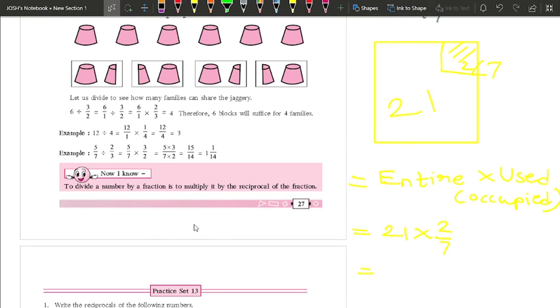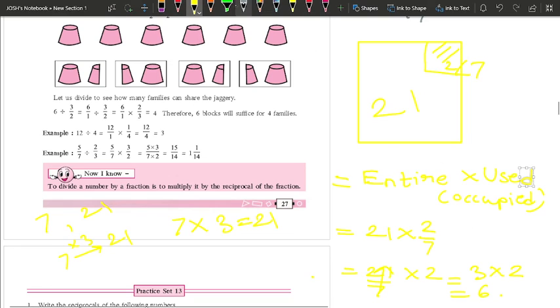You find the relation: 7 multiplied by 3 is 21. The way to remember is you see 7, you see 21, and you remember 21 comes in the table of 7. So what you do is you write 21 by 7 into 2. You can do this without any hesitation. So 21 divided by 7 is 3, and 3 multiplied by 2 is 6.